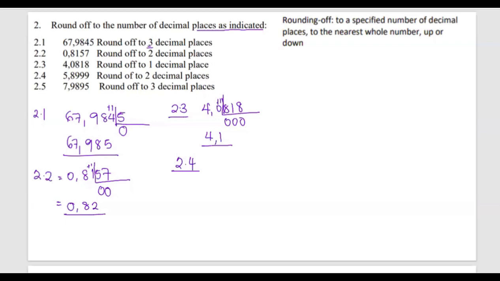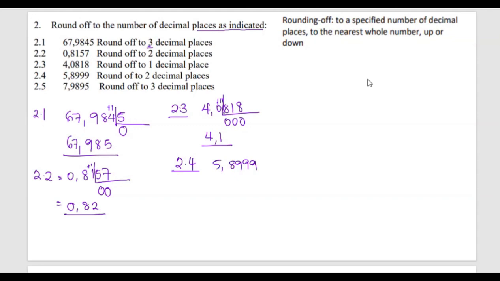2.4, it's 5,8999. And the answer becomes... it's asking us to round off to the nearest... Sorry, to 2 decimal places.